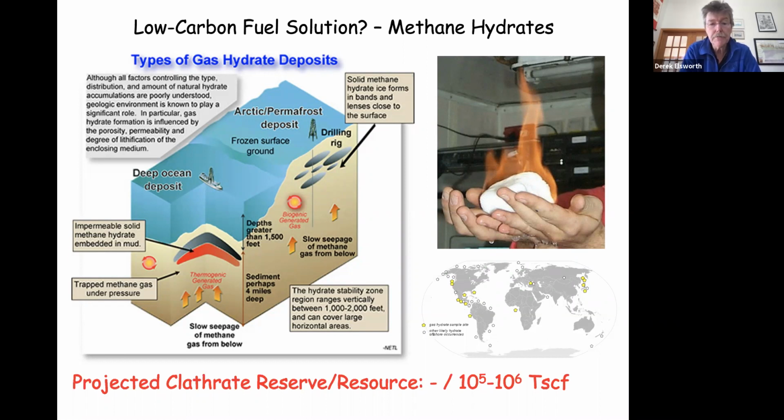Of course, it's not carbon free. And the issue is that it's really difficult to recover. It sits offshore, it's not concentrated very well. And the very recovery of it jeopardizes the stability of the deposits in which it's stored. And you can result in massive releases. But it is a large reserve.